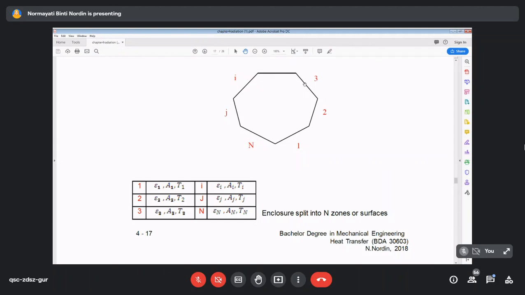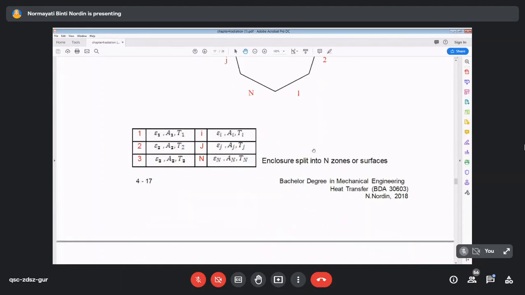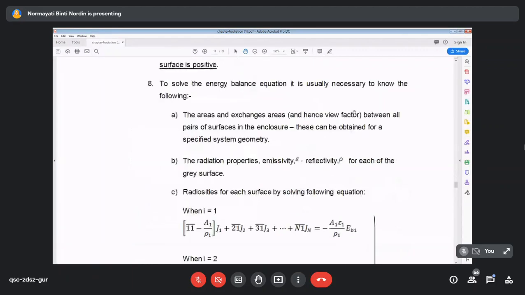The third surface will be 3 to 1, 3 to 2 and 3 to 3. So in total there are 9 exchange areas to be solved. That is the first point, what you need to solve: the exchange area between all pairs of surfaces.